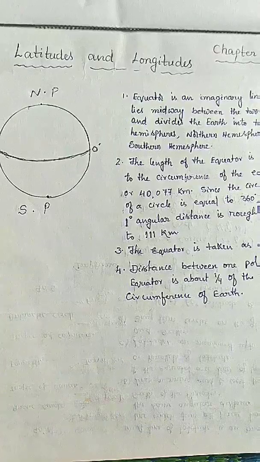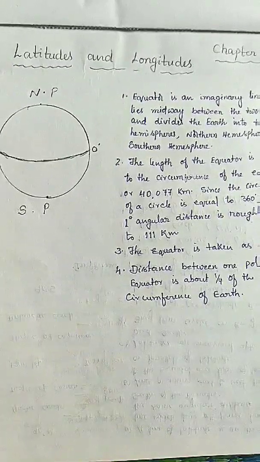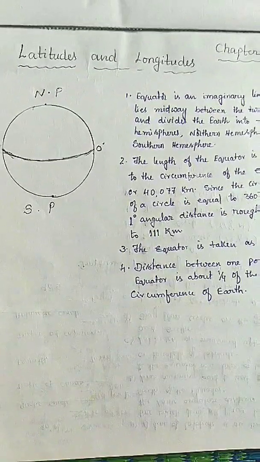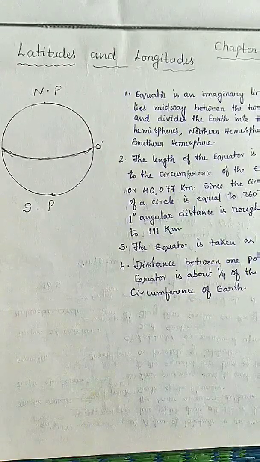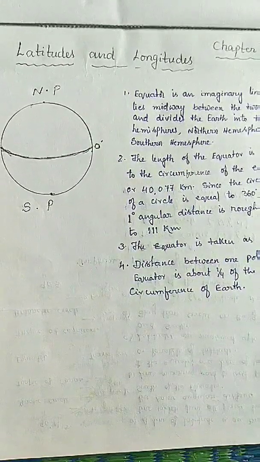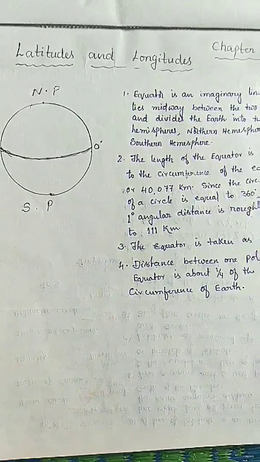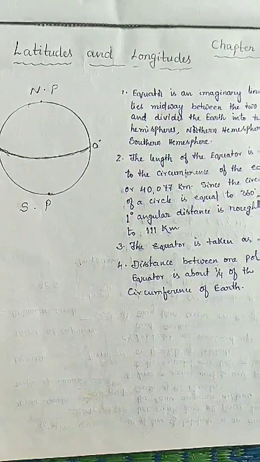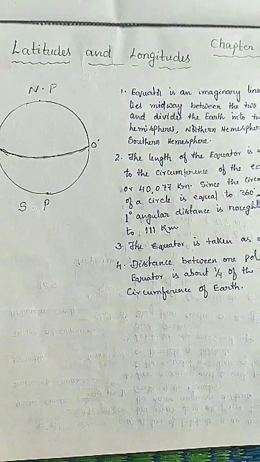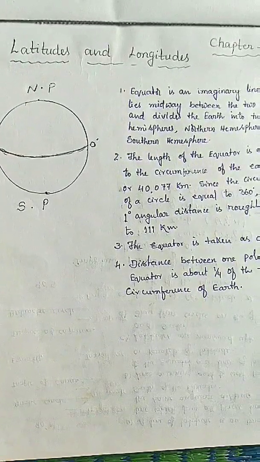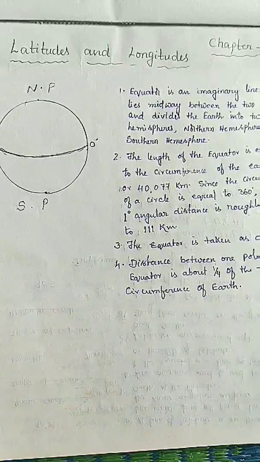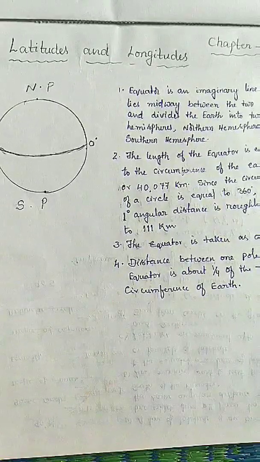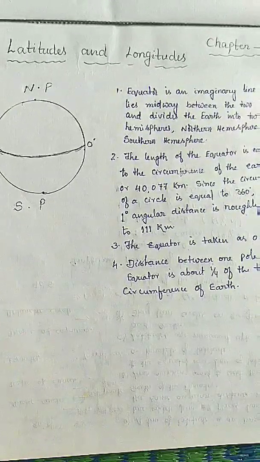So, to know the exact place in an area, to know the time and distance from one place to another place, a number of imaginary lines such as latitudes and longitudes have been drawn on the globe. Let us discuss in detail.